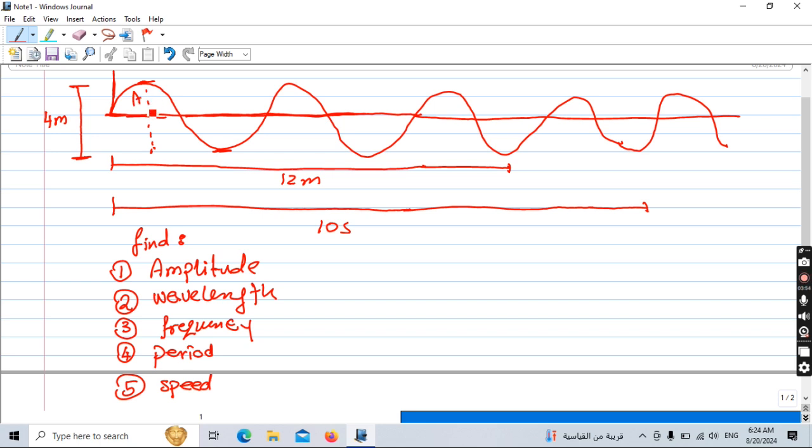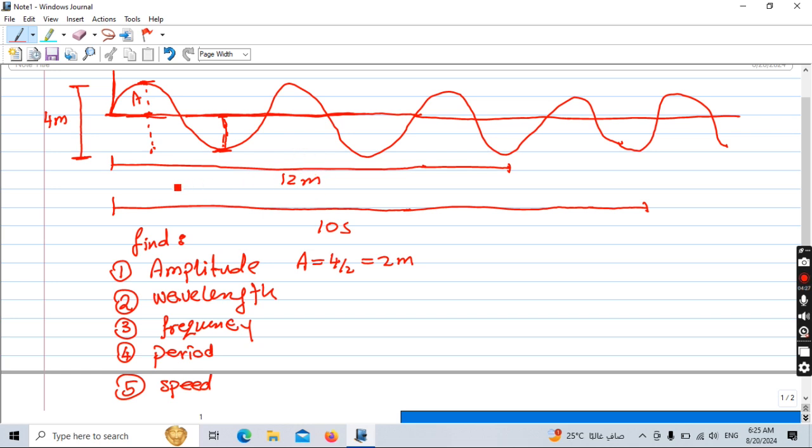So the amplitude could either be this or this distance beneath here. Since the whole of this is 4 meters, the amplitude A is equal to 4 divided by 2, which is 2 meters, which is only half this distance. So I'm only interested in the distance from the rest line to the trough, or from the rest line up to the crest.